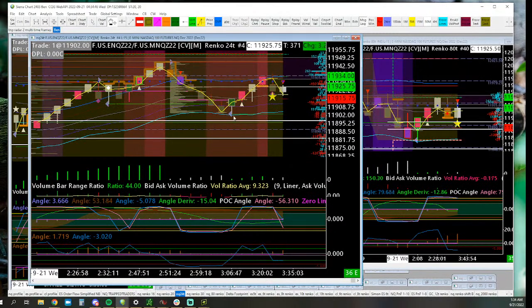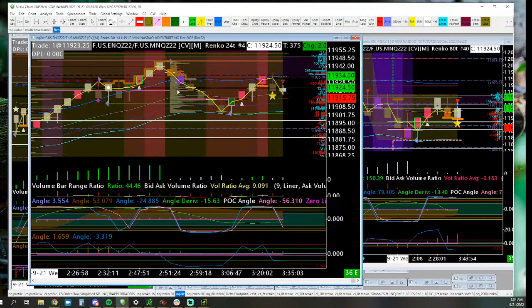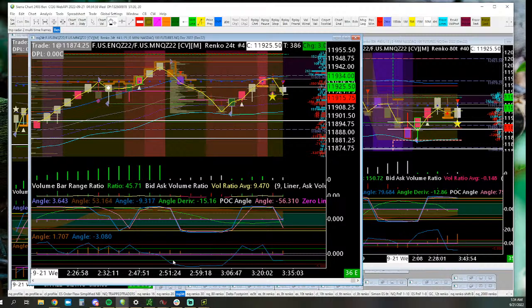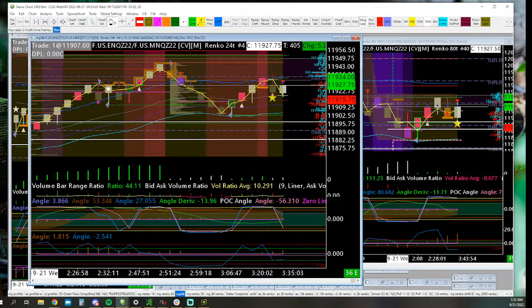So you can still use these levels, but if you get a star that's way down here and you really should be getting short up here, you're potentially shorting right into support. So it is important to be aware of where we're trading.